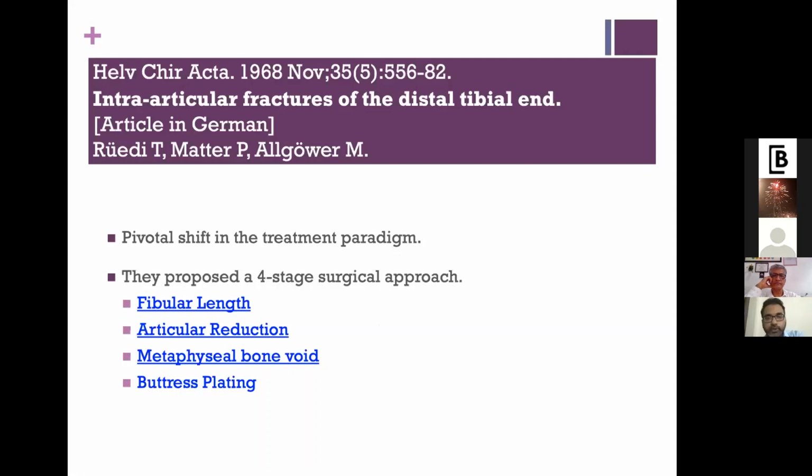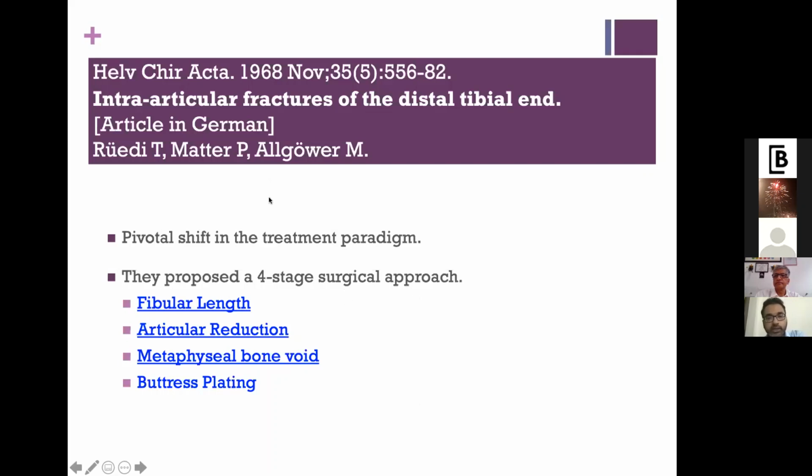But many US surgeons after this paper could not reproduce the results that Rüedi and Allgöwer showed to the world, mainly because of soft tissue management and wound complications. But when you review all those publications, there's a strange difference between the Rüedi and Allgöwer paper and other US surgeons in terms of velocity of injury and patient selection.